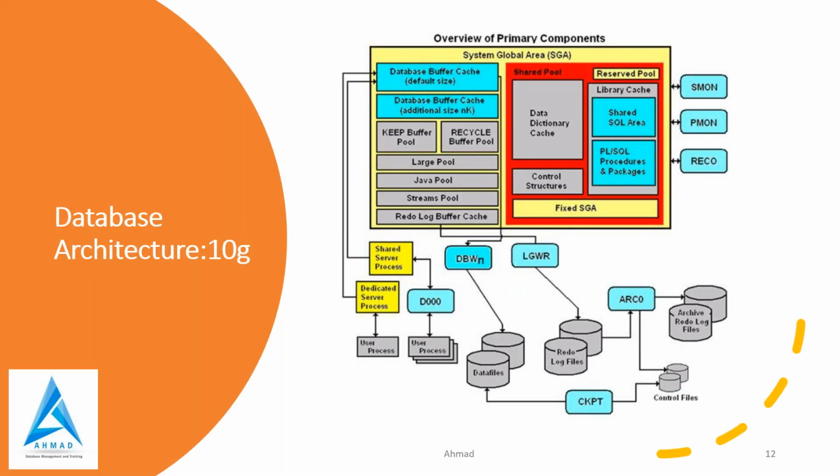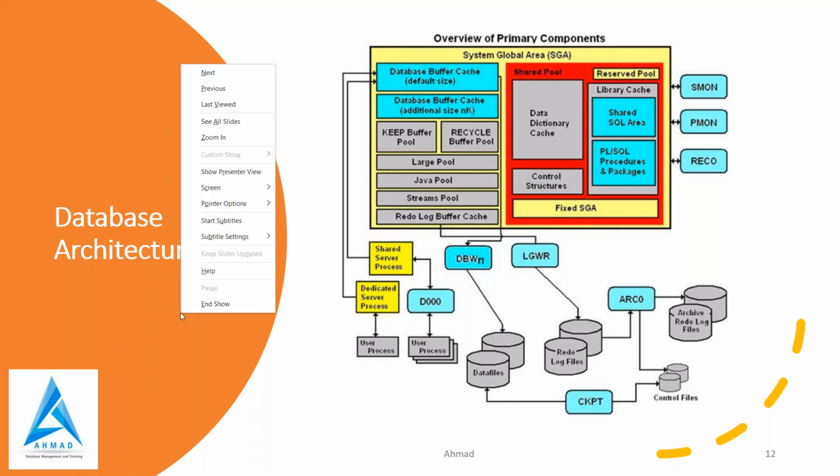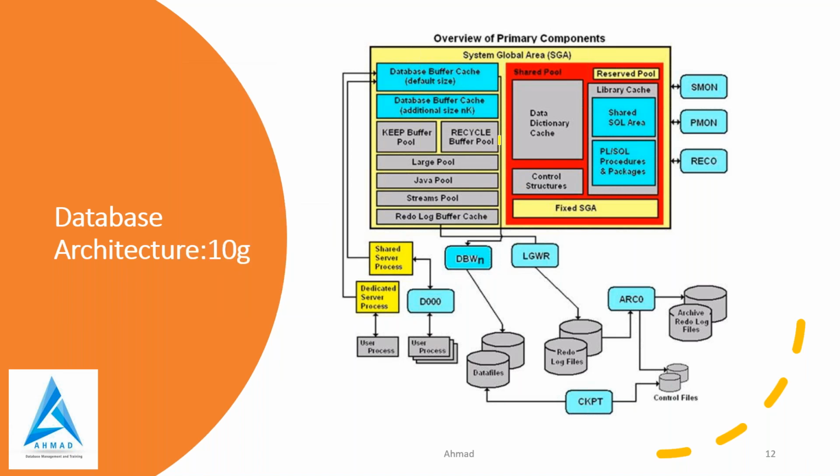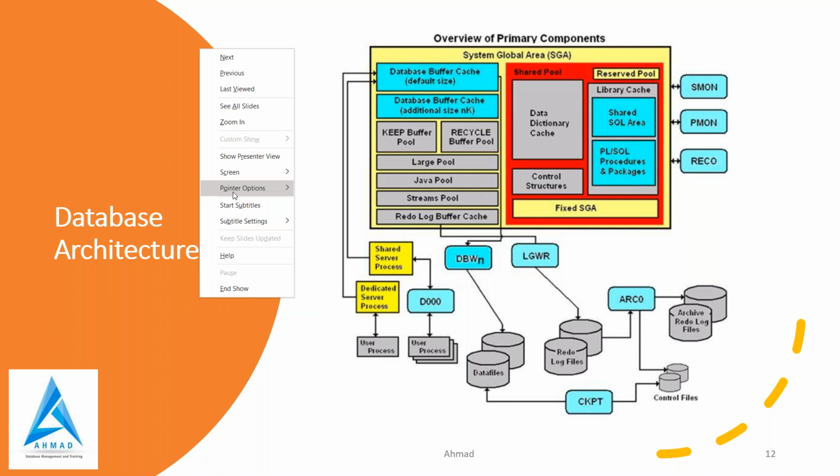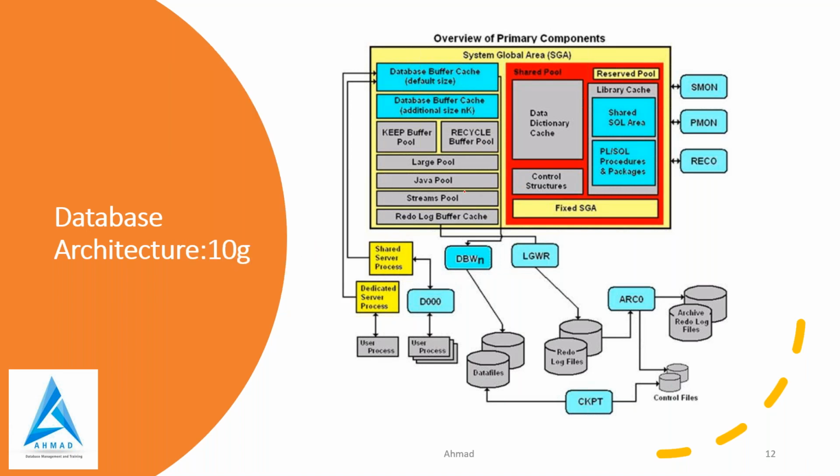Now we come to the database architecture of 10g. Only one component was added in 10g, which is the streams pool. The streams pool is used for data transferring.